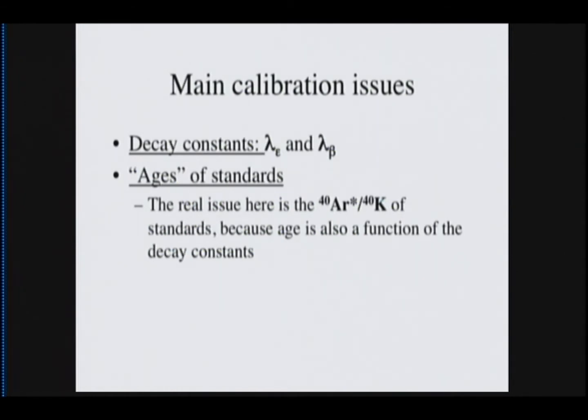So it's not really the ages of standards so much as the argon-40 to potassium-40 ratio of the standards. And I'm going to show you more what I mean by that. But that's because the age is also a function of the decay constant. So if you think of it in terms of the ages of standards, it's not really an independent issue.